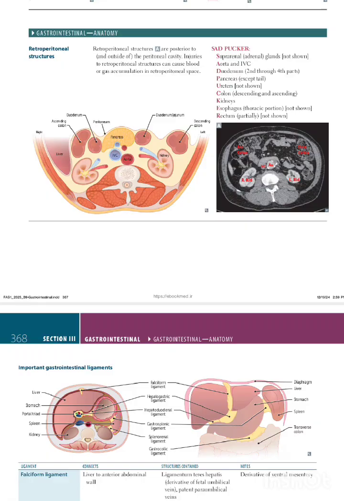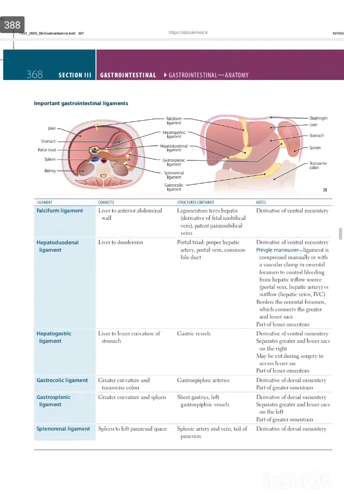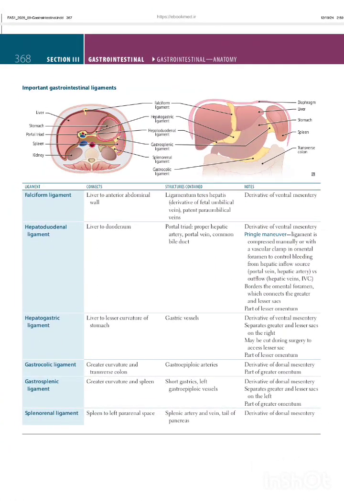And after that, we will discuss gastrointestinal ligaments. For the first, we have falciform ligament, which is liver to anterior abdominal wall, and it contains ligamentum teres and paraumbilical veins.